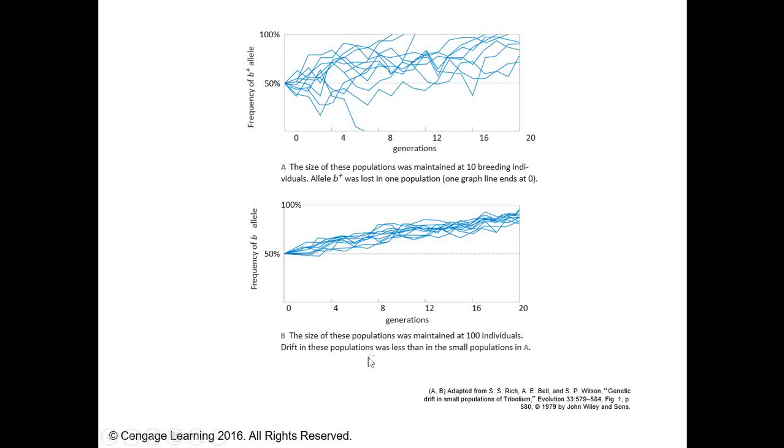And then it says the size of this population was maintained at 100 individuals, so it's 10 times greater than this one. And so drift in these populations is less. If there's an ecological disaster or something, drift is going to be less because you've got more individuals. And so obviously an ecological disaster is going to be a lot more problematic for a small population than for a large one.